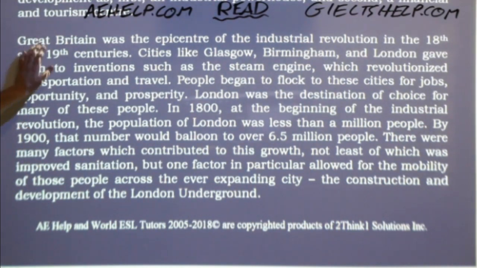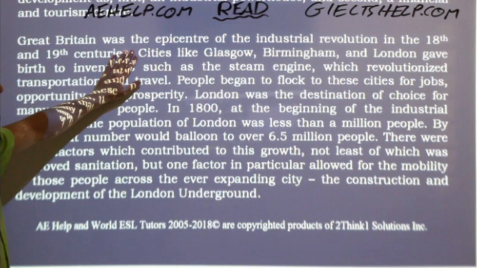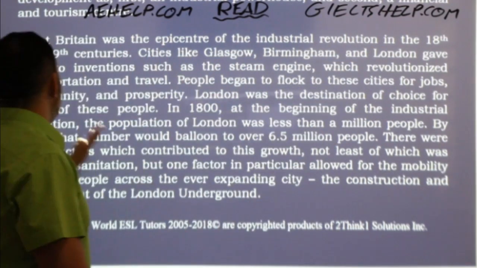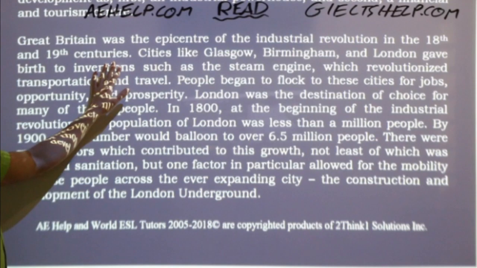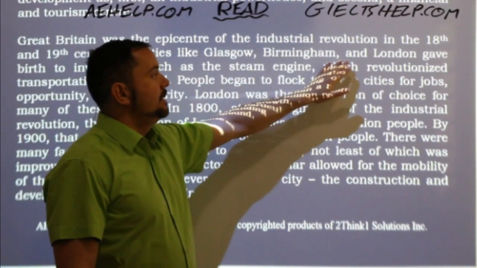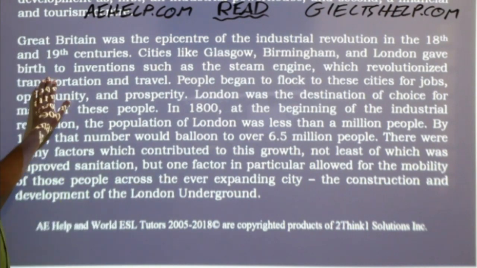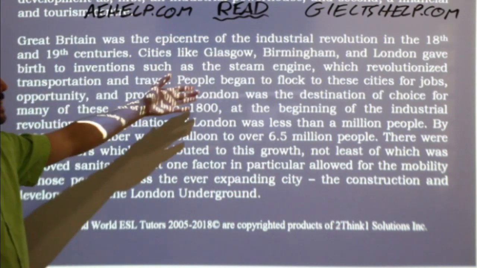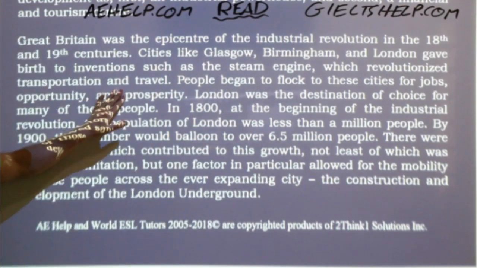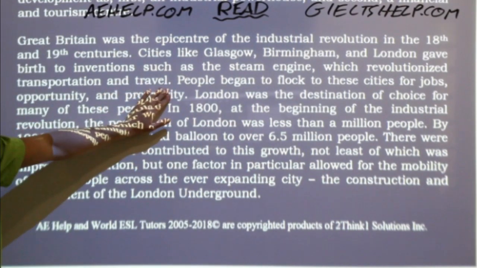So from here, Great Britain was the epicenter of the Industrial Revolution in the 18th and 19th centuries. Cities like Glasgow, Birmingham, and London gave birth to inventions such as the steam engine, which revolutionized transportation and travel.